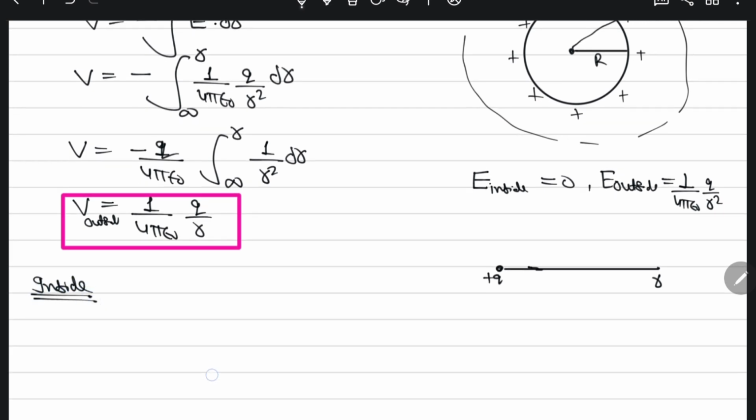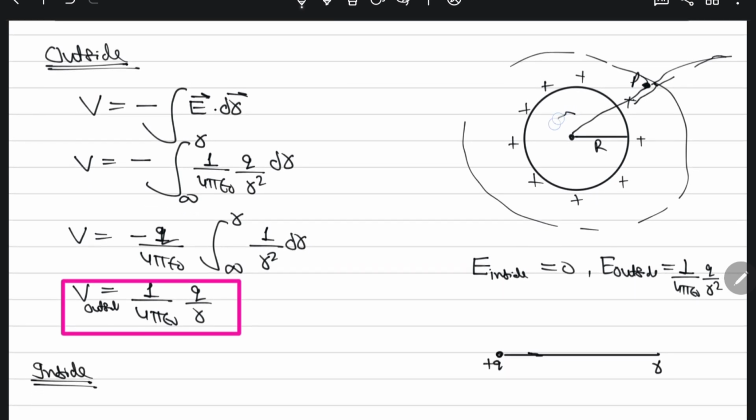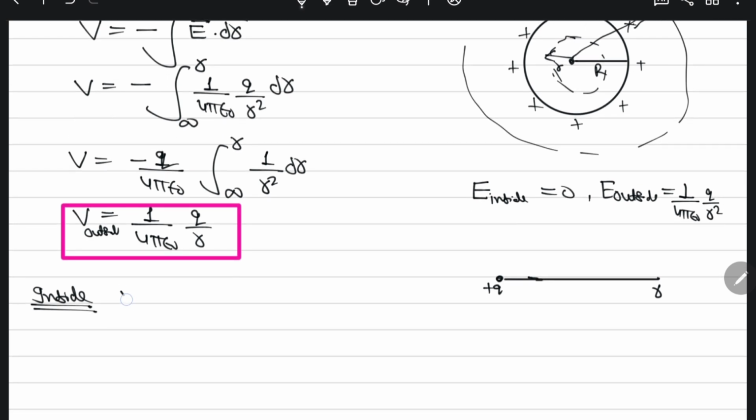This is one thing. Now another is electric potential inside, which we have to find. So I again draw a Gaussian surface, right? And then the electric potential is minus E vector dot dr vector. We know one more thing, the electric field inside is 0, so is the potential also 0?